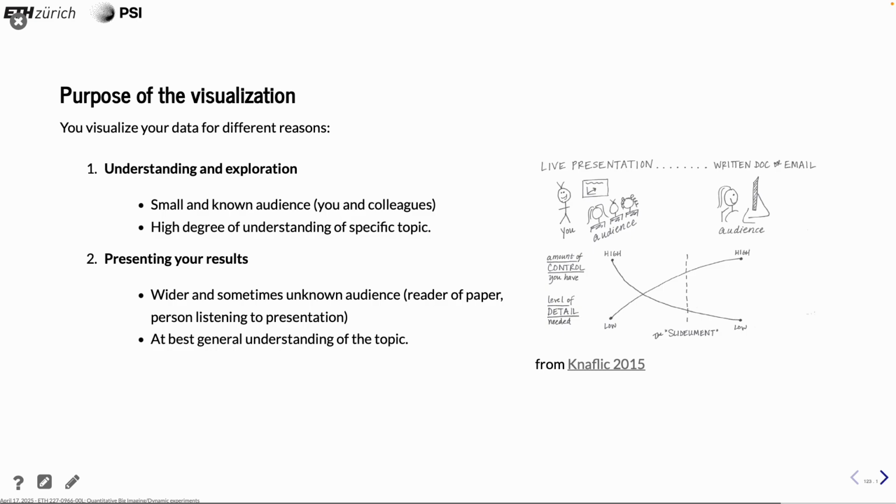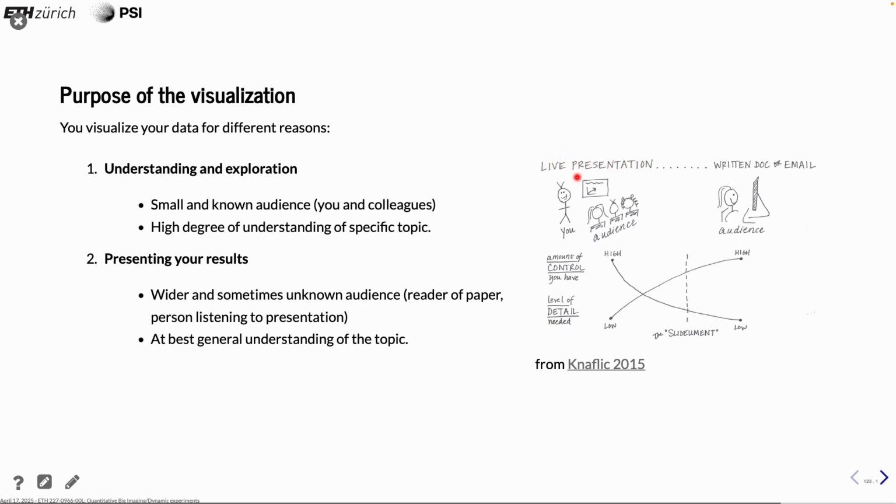So in that case, you really need to guide the viewer in order to give them the best experience. Then this cartoon here gives you a little bit of an idea.